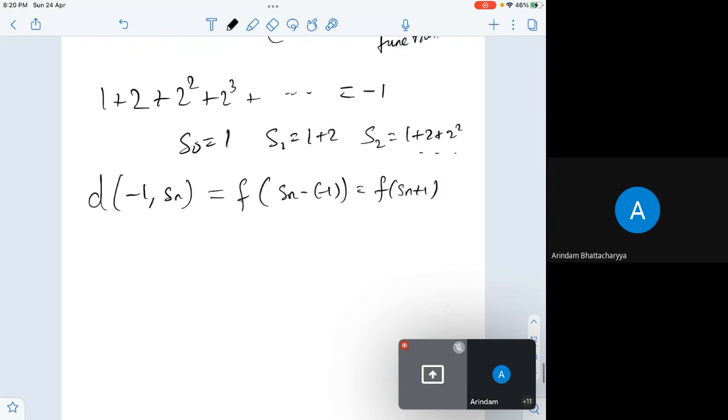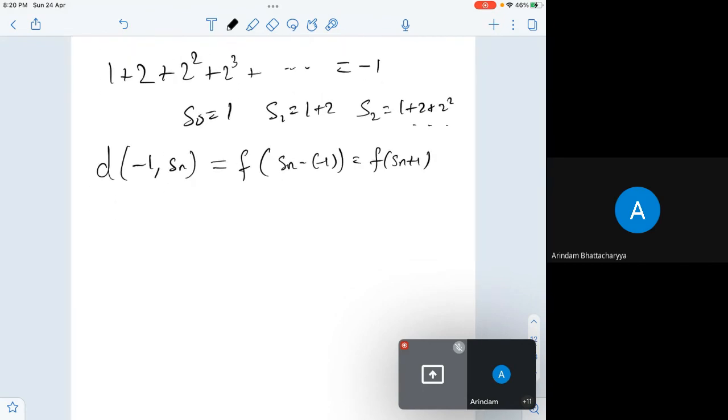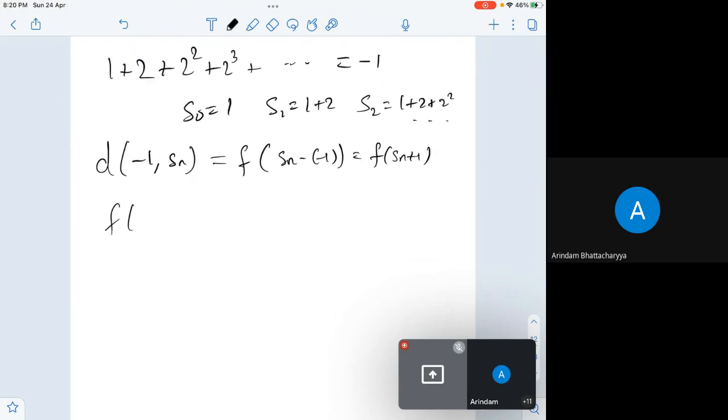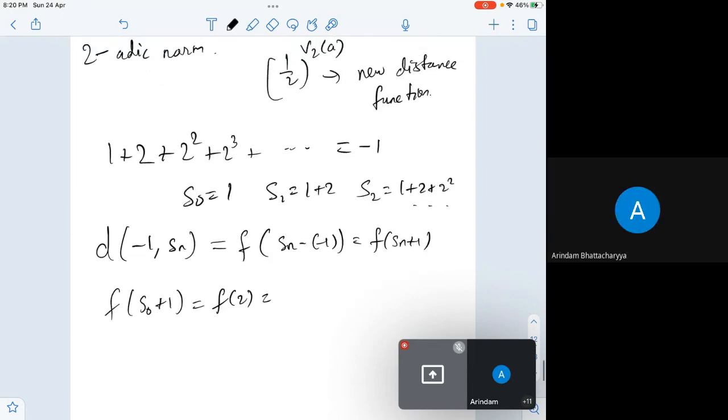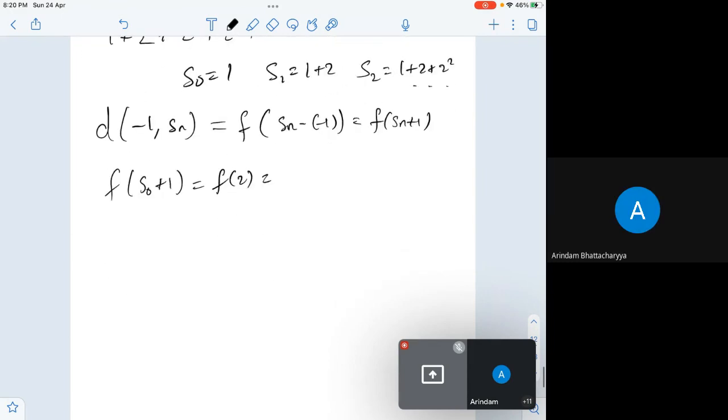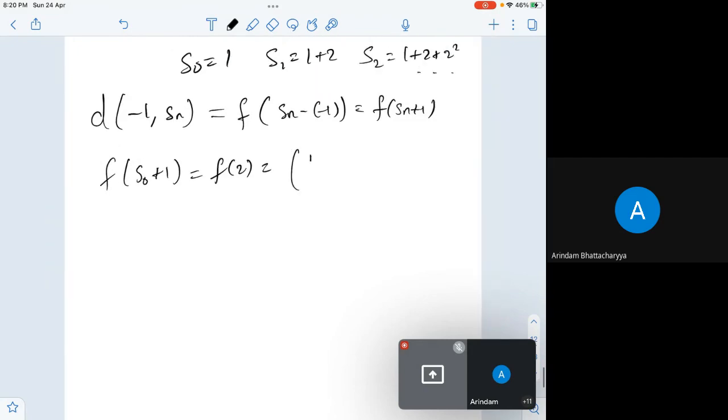Okay, let's see. What's f of S0 plus 1? f of 2, which is 1 by 2. Great.